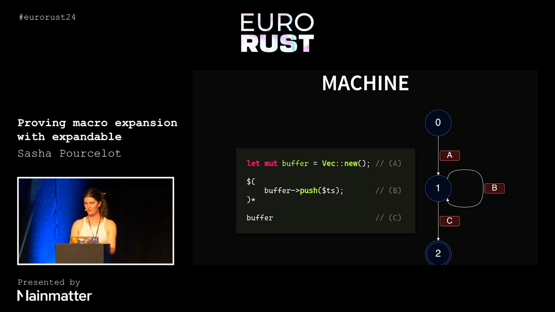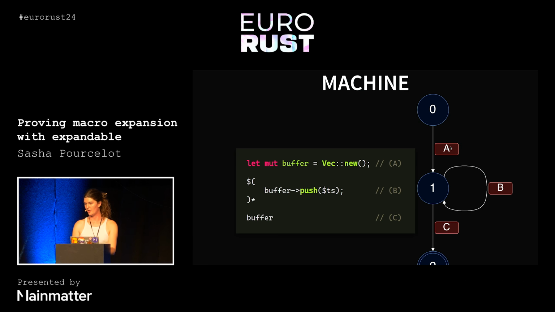For instance, here we have a state machine that corresponds to the vec macro. So first, we are creating an empty buffer. This is labeled as A, so here.